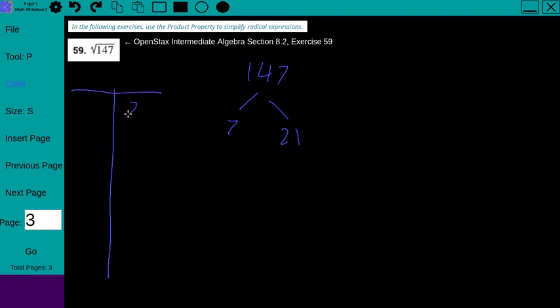So what's 2 squared? 2 squared is 4. Normally, you'd write it here, but again, I'm writing it backwards, and you'll see why in a second. 3 squared is 9. 4 squared is 16. 5 squared is 25. 6 squared is 36. 7 squared is 49. 8 squared, I think, is 64.